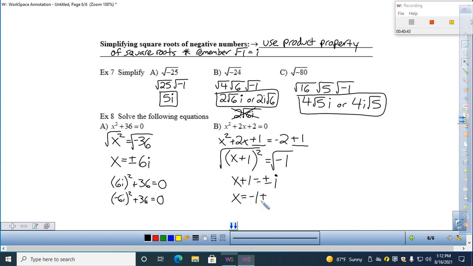So we would write this as negative 1 plus I, but also negative 1 minus I. And if this solution set throws you off in any way, do let me know. But that you should be comfortable writing it like that right there. Real part, imaginary part. 2 different numbers. Negative 1 plus I works. Negative 1 minus I also works.